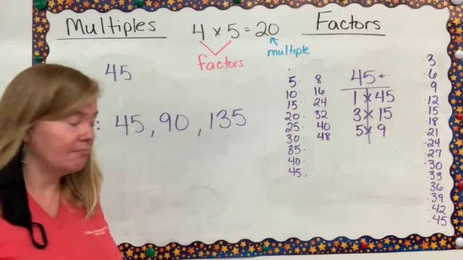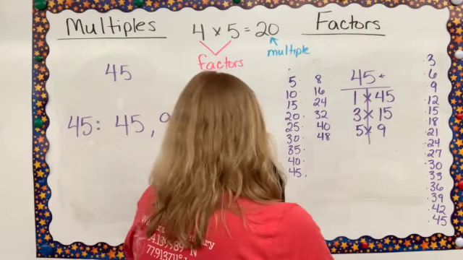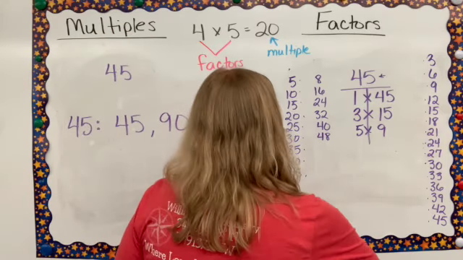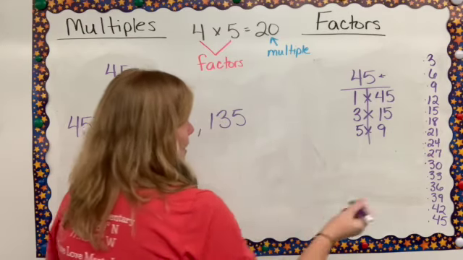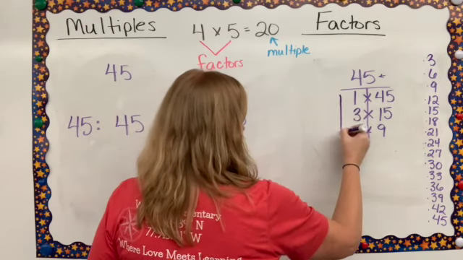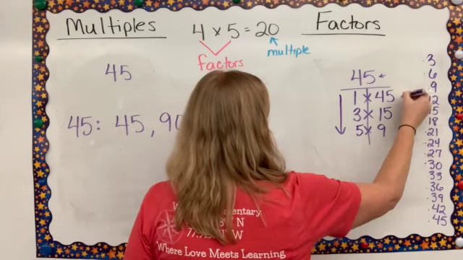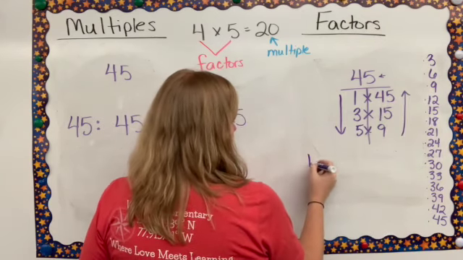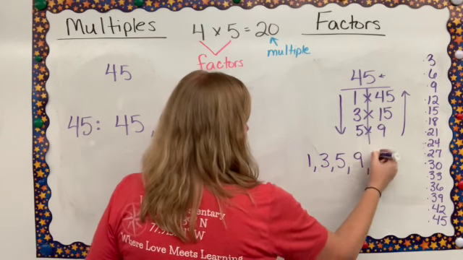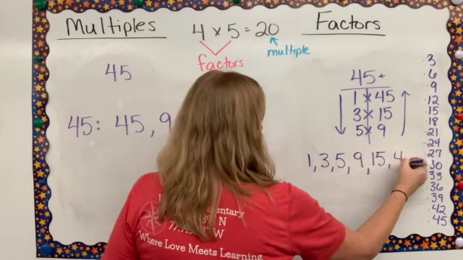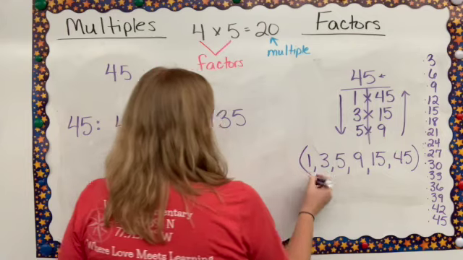Does 8 work? Nope. So that means I have found all of the factors of 45. I need to write them out. I start with the smallest number and go in numerical order all the way up to the greatest number. 1, 3, 5, 9, 15, and 45.